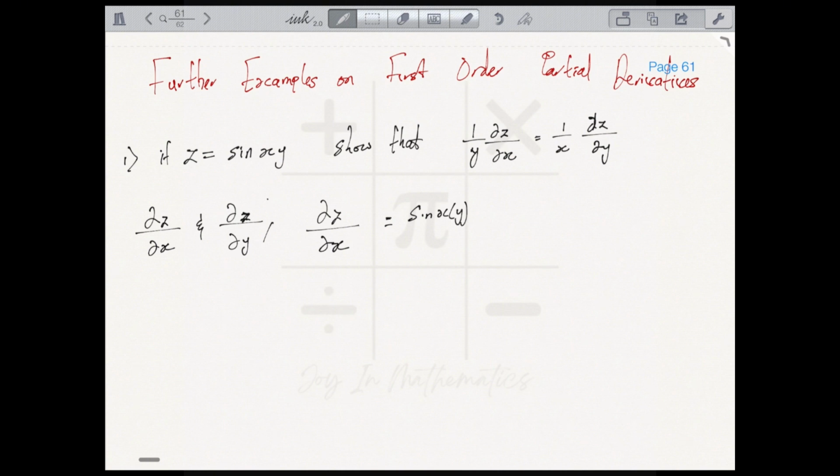Now we recall that whenever we differentiate sine ax with respect to x, we will have a cos ax.